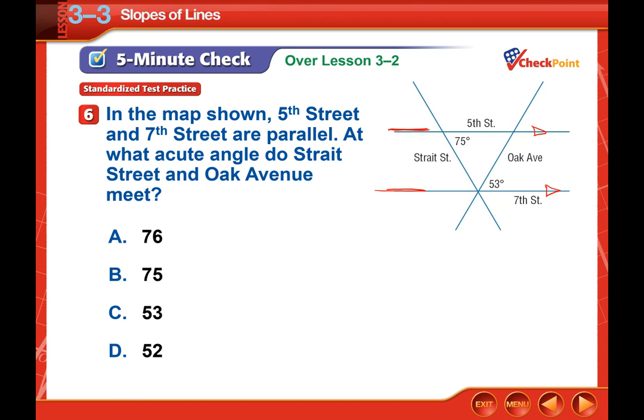So Straight and Oak are transversals of 5th and 7th Street. We know that this angle here is 75 and that this angle here is 53. We need to know the angle at which Straight and Oak Avenue meet, which is this angle right here.